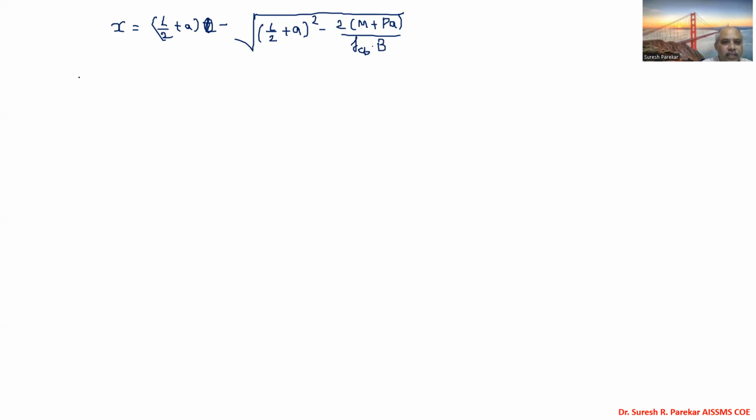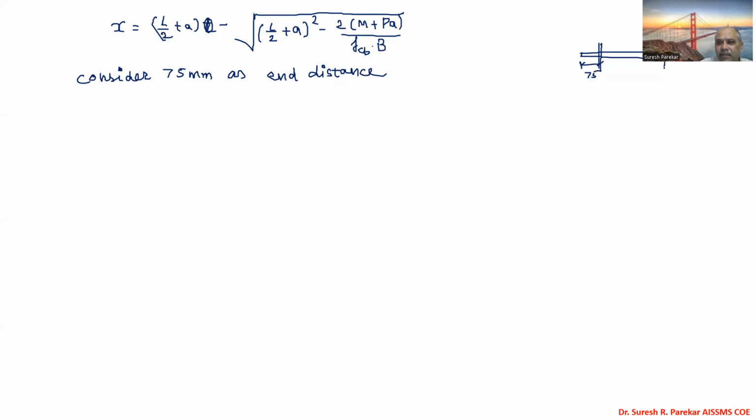Now we are going to consider 75 millimeter as the end distance. In case 3, we are going to provide bolts, and for those bolts we consider this distance as 75.